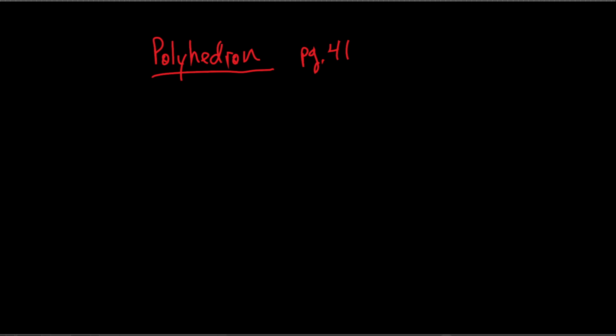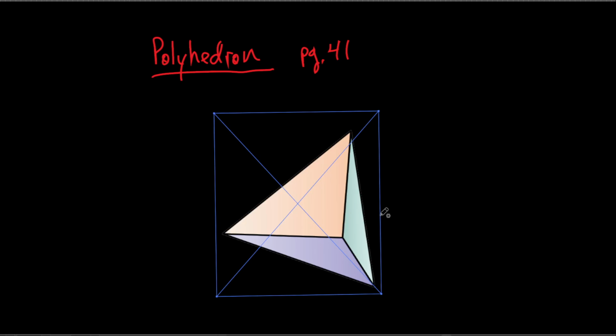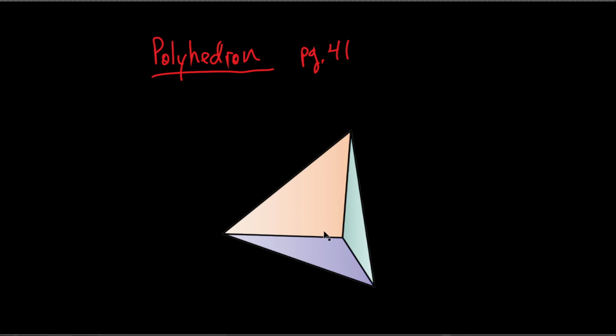All right? So first of all, let's just put a picture on here first just to show you what a polyhedron is. We're not going to deal with this very much at all. Let's just go to this one. There we go. Okay.